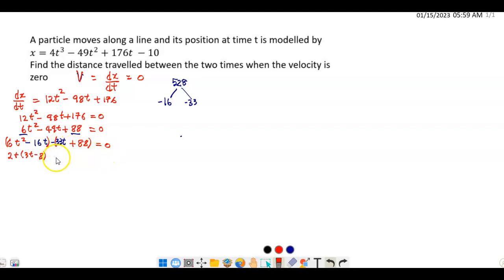And the common factor in the second part is going to be 11, so that's minus 11 into (3t minus 8). The minus sign changes that plus to minus, so that's minus 8, and that equals 0. So we would have 2t minus 11 equals 0 or 3t minus 8 equals 0.